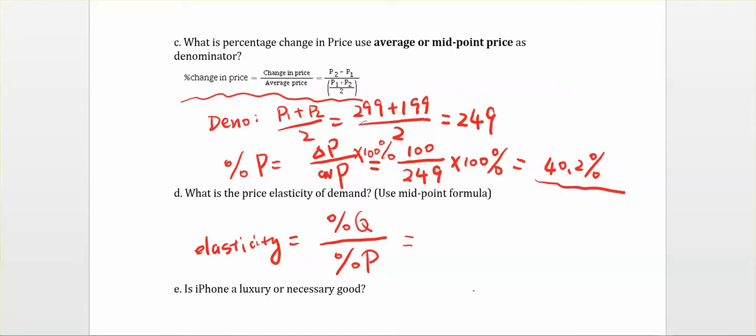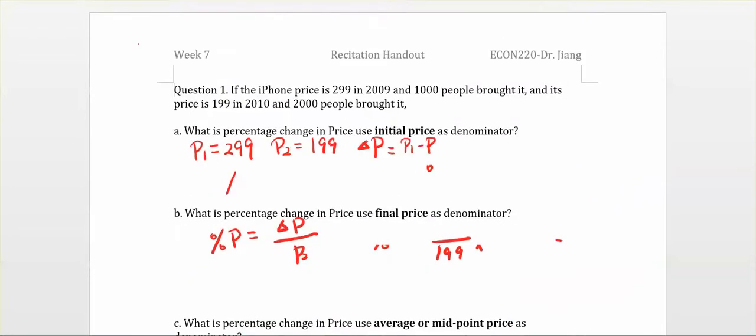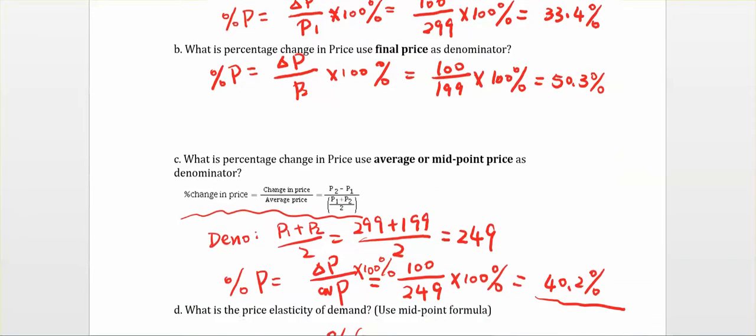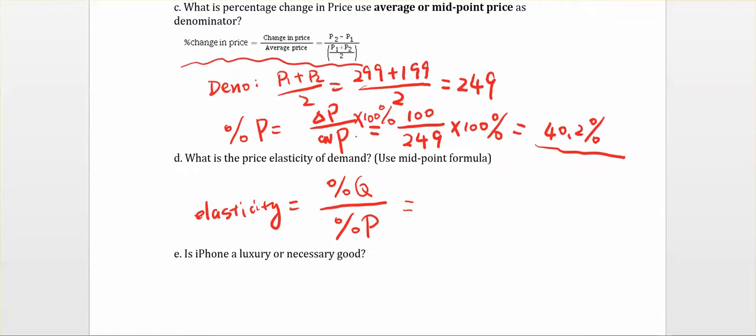So let's go back to look at our question. The demand change is actually from 1,000 to 2,000. So what is the percentage change of the demand? We use Q2 minus Q1 divided by the average, that is Q2 plus Q1 divided by 2, in parentheses, and then divided by what we just calculated, the percentage change of the price.